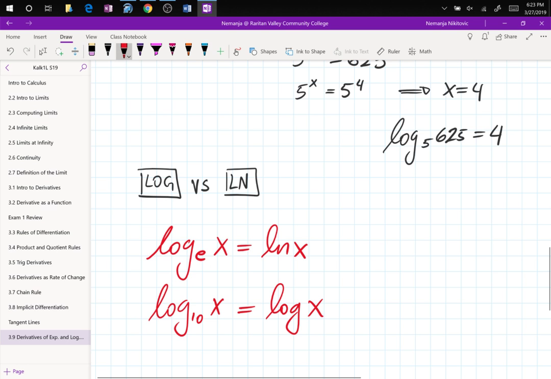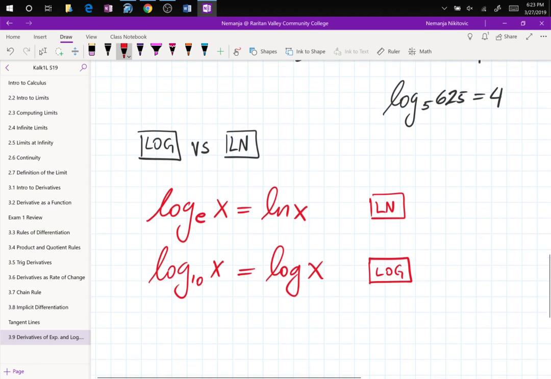So this is notation, and your calculators have an ln button and a log button. They do not have log base 6. They do not have log base 10, base 11 or something. They only have base e and base 10. Now, some really advanced calculators will only have ln. So this is how you know which level of a calculator you have.